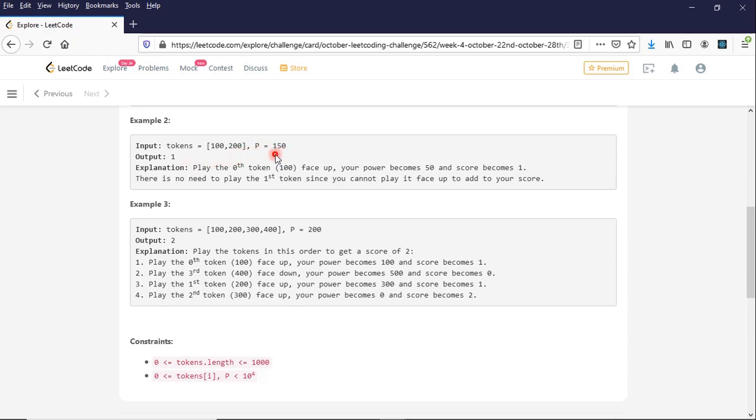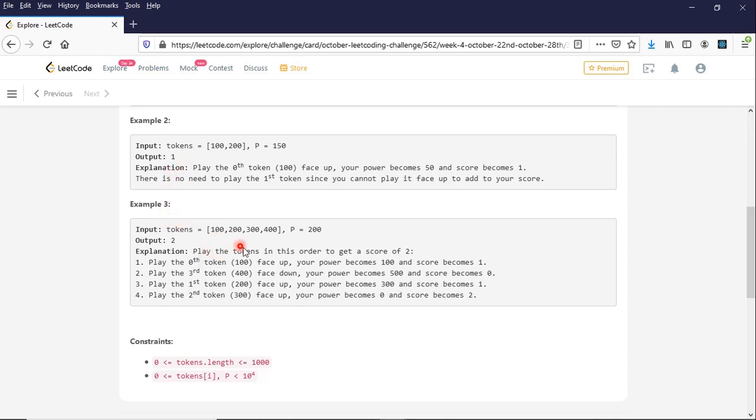The lowest token is 100, and I can trade that to get one score by giving my power. So 150 minus 100, the remaining is 50. After trading, the remaining p will be 50 and I gain one score. Since p is 50, I cannot trade the 200, so my final score will be 1.